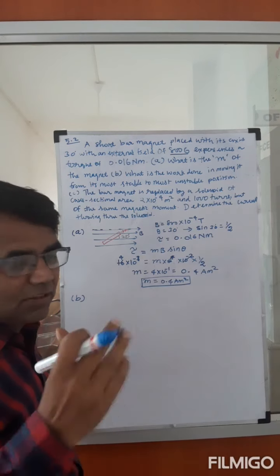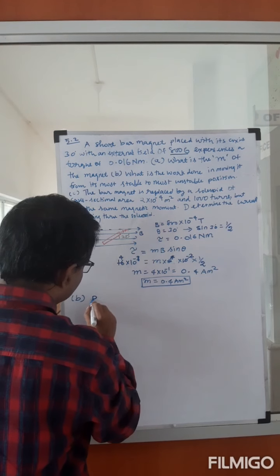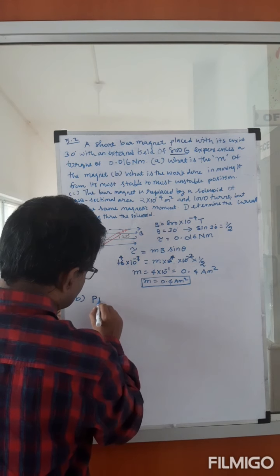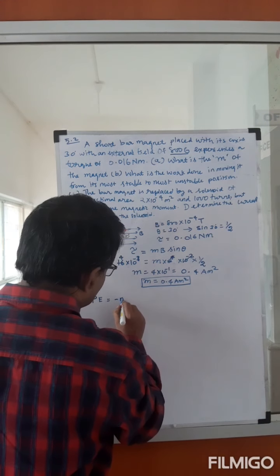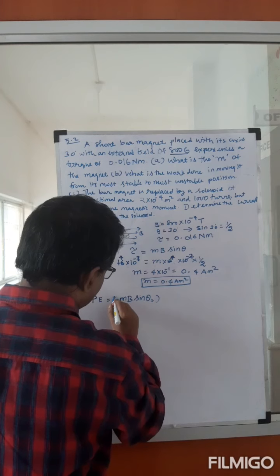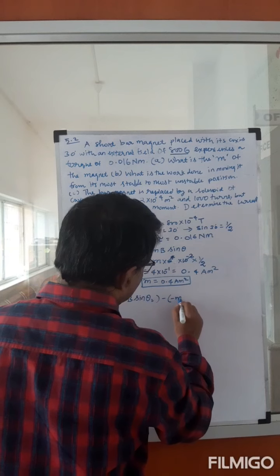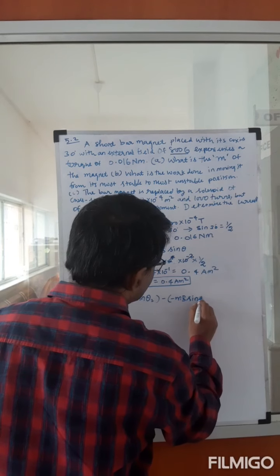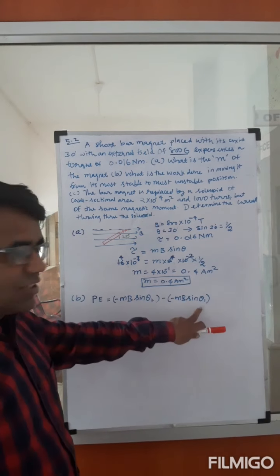And what is the work done? The work done here is the potential energy. So P.E. is equal to minus mB cos theta 2, that's the final position, minus minus mB cos theta 1, the initial position.